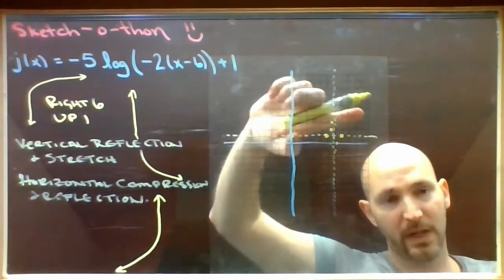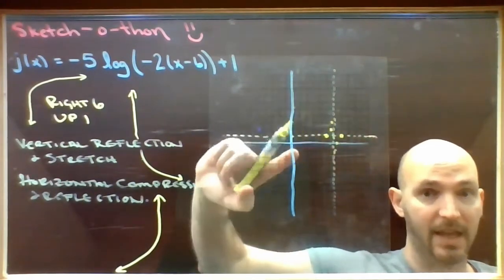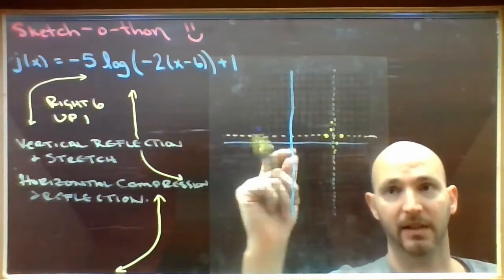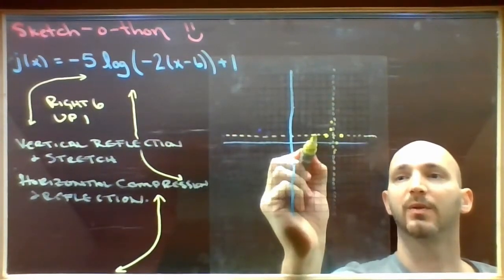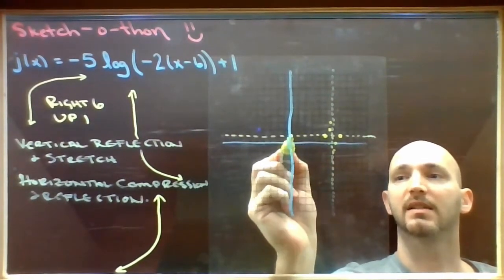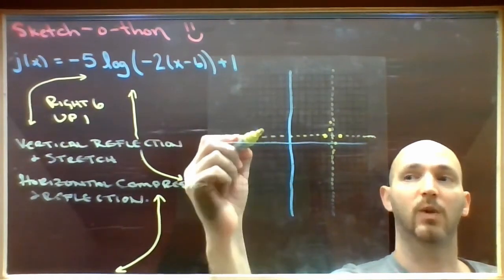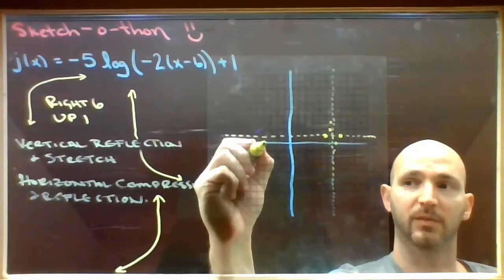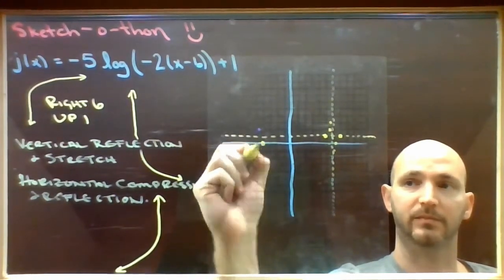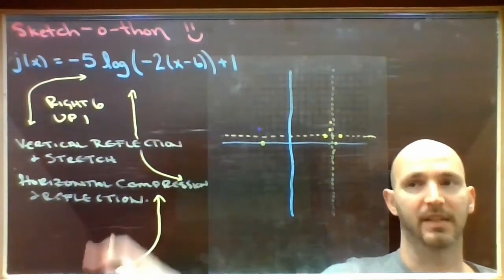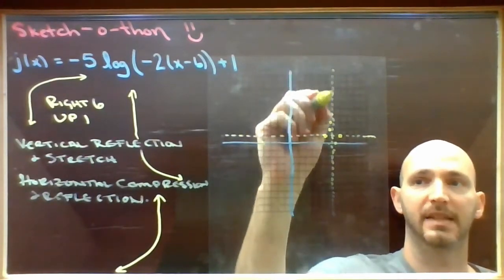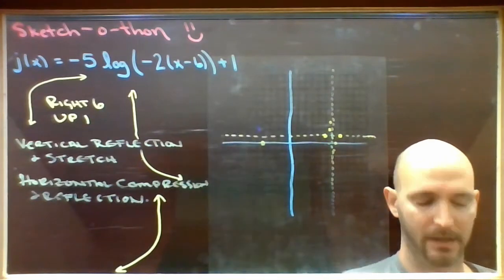Now this dot way over here at 10 and 1, if I flip it this way, would be 1, 2, 3, 4, 5, 6, 7, 8, 9, 10, and 1. So that's flipped horizontally. Now flip it vertically, it would be here. Next dot is at 100, so we're not going to worry about it. You can see that basic logarithm showing up there.